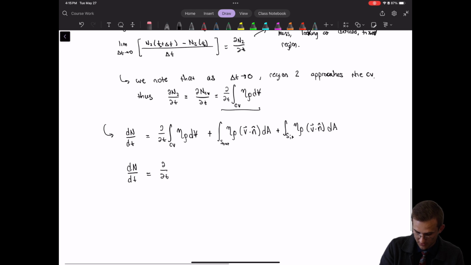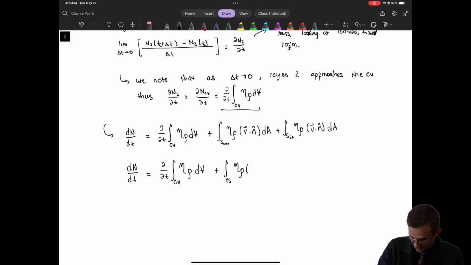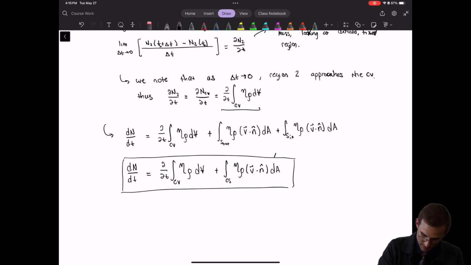You integrate over the entire control volume, eta rho dV, plus, and then now we just say we integrate over the control surface this eta rho v dot n hat, the outward normal, dA. Okay, and then this equation here, which I'll frame, a la Lazzati, is known as the Reynolds Transport Theorem.